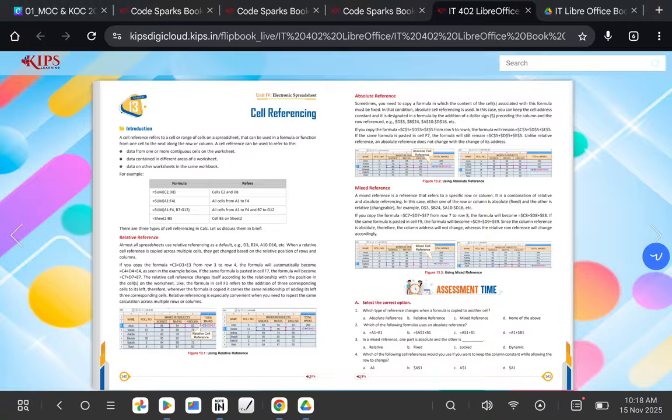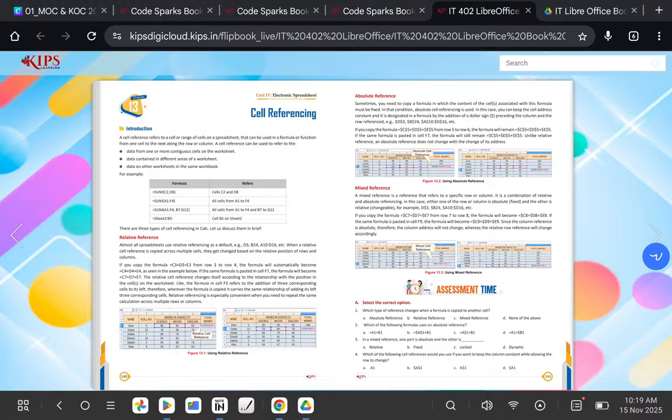What has been done here is that the formula written in the first cell, the topmost cell, has now changed. So relatively it is changing. Relative cell reference changes itself according to the relationship with the position of the cells on the worksheet. So it changes itself. Please note it down somewhere.